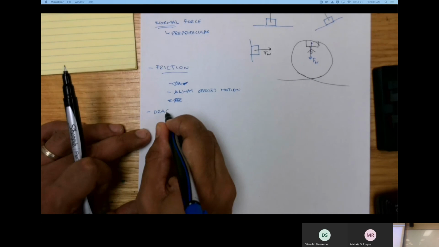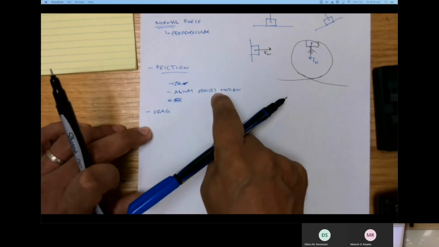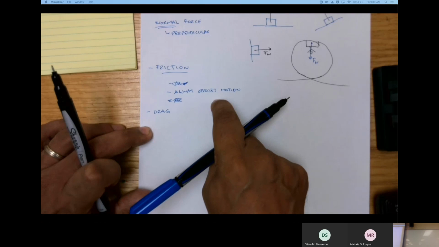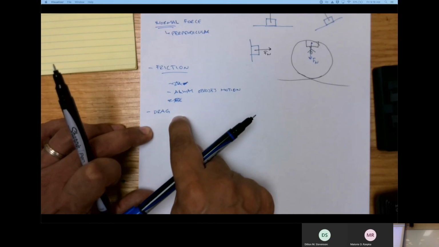Then there's drag. And drag is very similar to friction. The difference is that drag happens when an object moves inside a fluid.